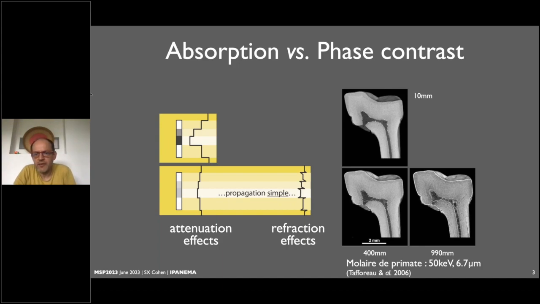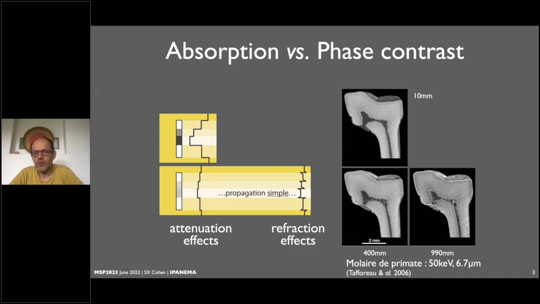And you see, for example, in this case, this is a fossil sample of a tooth, which is a few million years old, by the way. At the very top you see what you obtain when you do the measurement very close to the detector. So basically, you see only the attenuation effect.